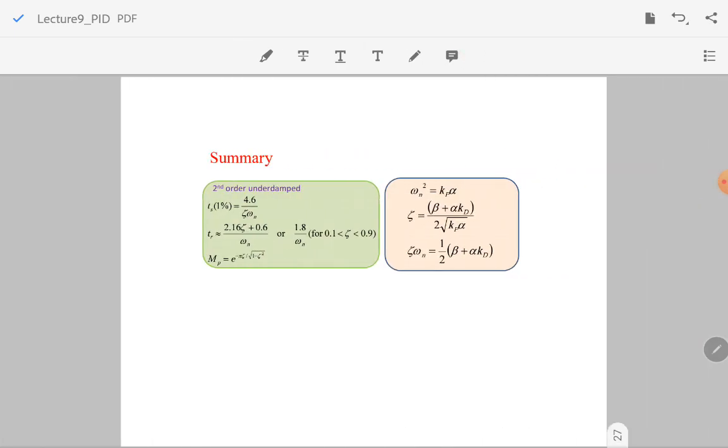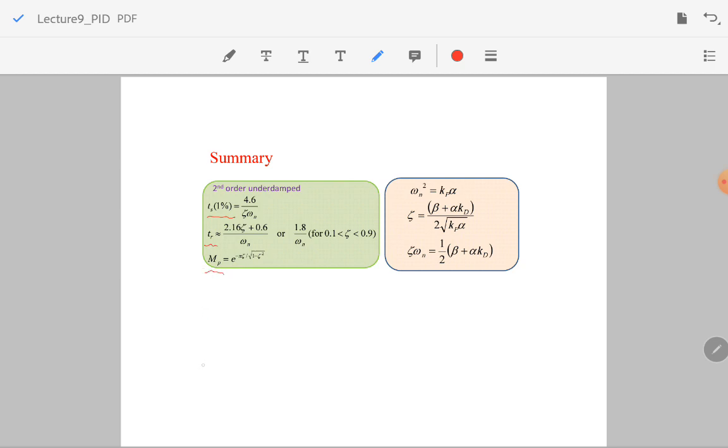So now, summary. For the second order underdamped system, we have equations that connect what the customers want. It will be given not in terms of zeta and omega n, but in terms of settling time, rise time, or the percent overshoot.